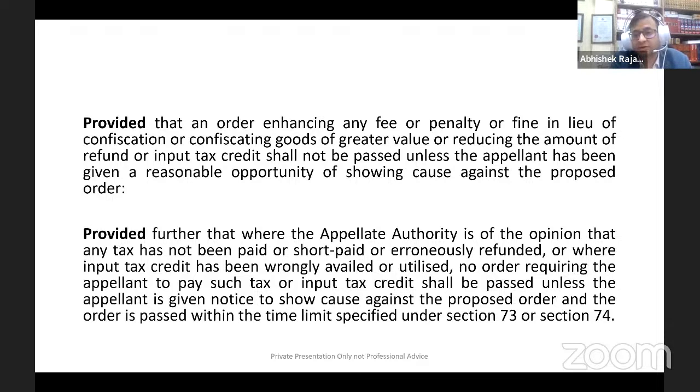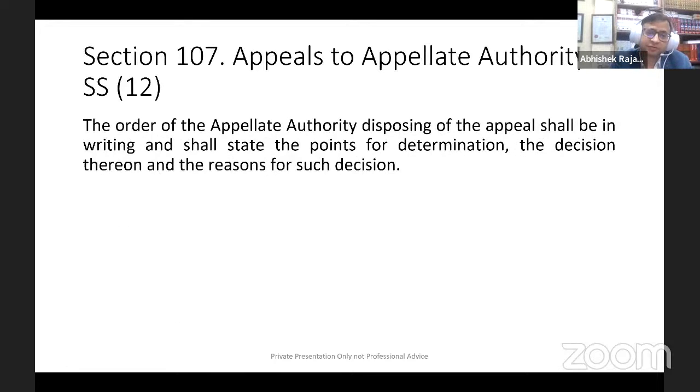So again, when they have to pass an order, they have to provide you a personal hearing, which is as per principles of natural justice. Now, whenever they have to pass an order, this is a very important thing, that the order should be a speaking order.